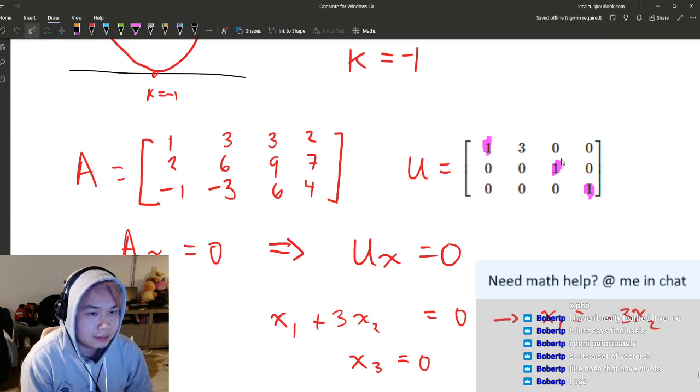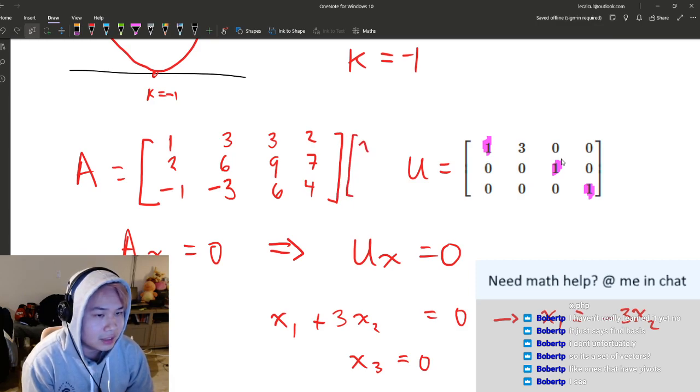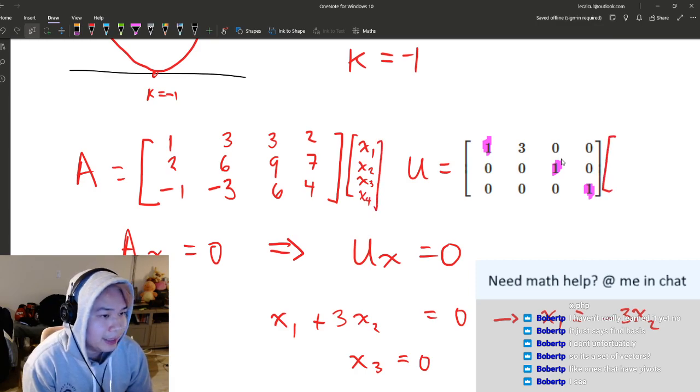Because again, if I multiply this by a vector x, that's the same as multiplying this one by a vector x.